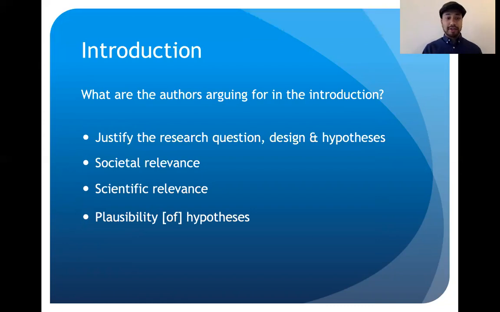Say you're investigating a therapy, you want to make a case that the therapy is actually going to have a healing effect. So the plausibility of the hypotheses, the direction of the effect, you substantiate that on the one hand with theory, but also by saying prior research found that there was a positive effect, so I should find a positive effect as well.